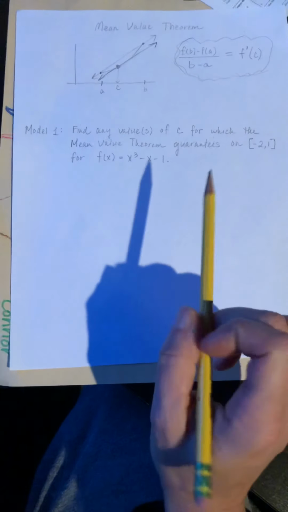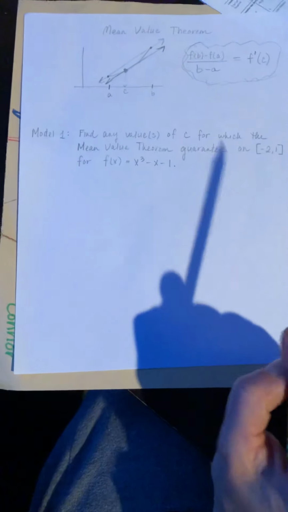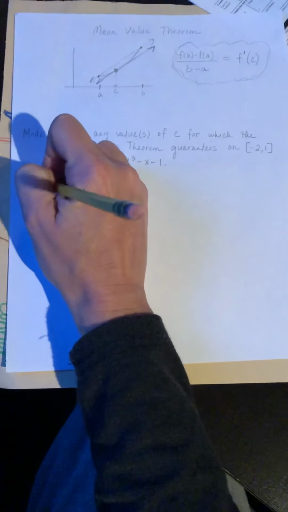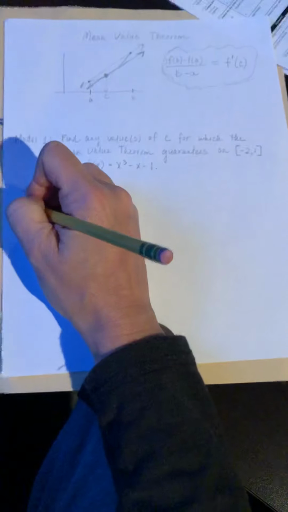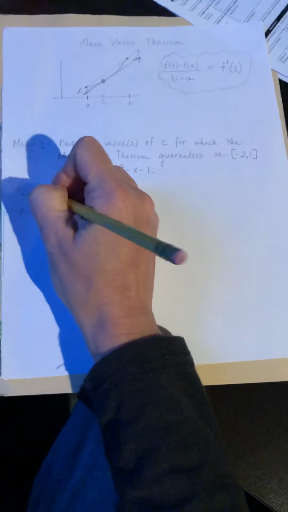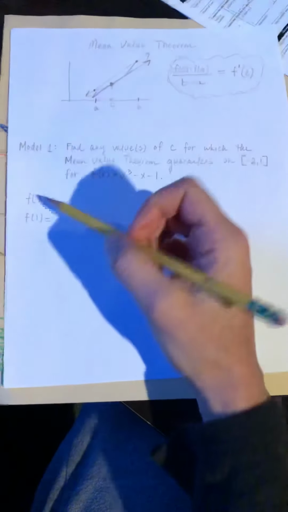So the first thing I'm going to work on is identifying the slope of the secant line over -2 to 1. So I'm going to find my f of -2 as well as my f of 1 on the side here. So we are subbing them into the original function.